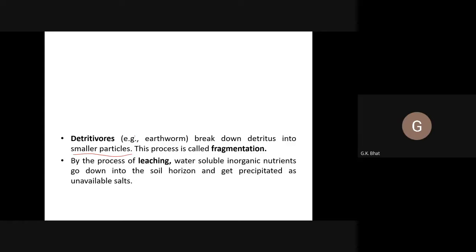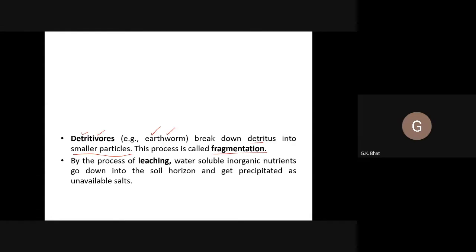When earthworm feeds on that, it acts on this dead plant remains and breaks it down into small particles. This process is called fragmentation. Earthworm-like creatures play an important role in fragmentation. Since they break down the detritus, they are called detritivores.